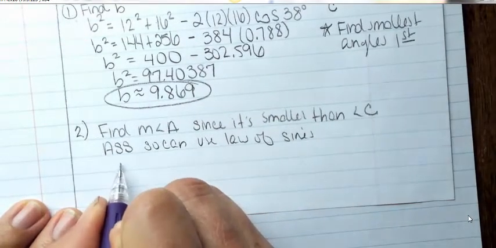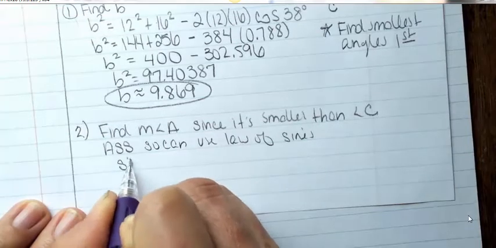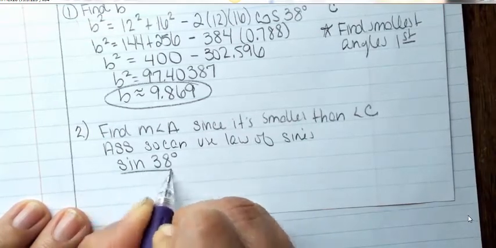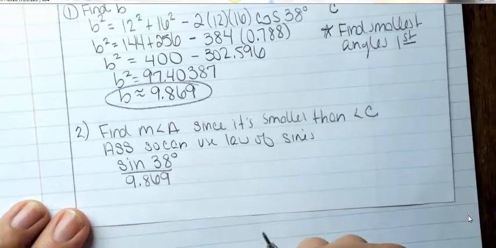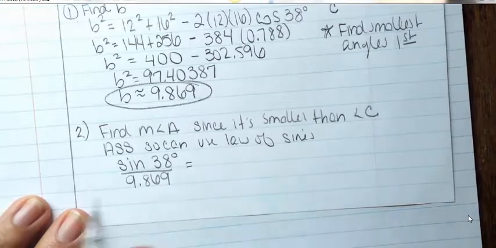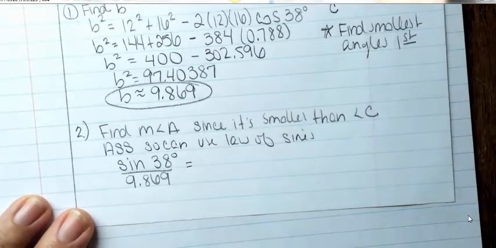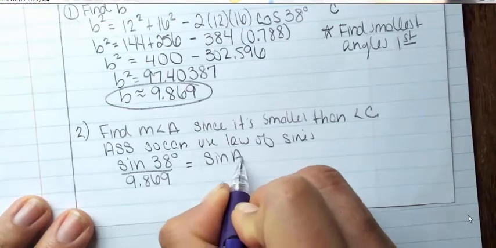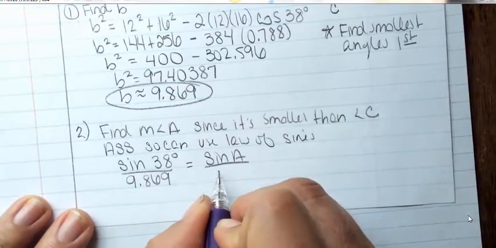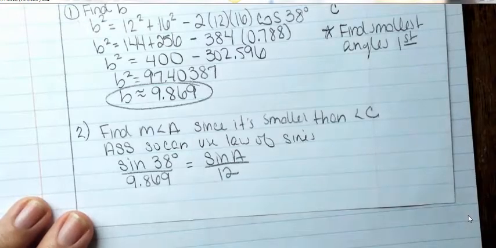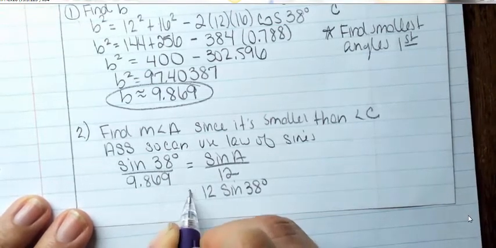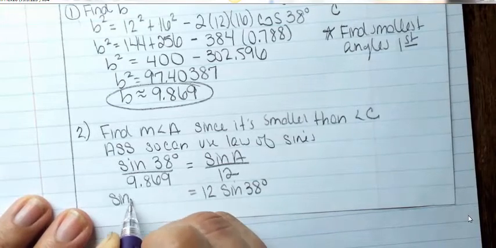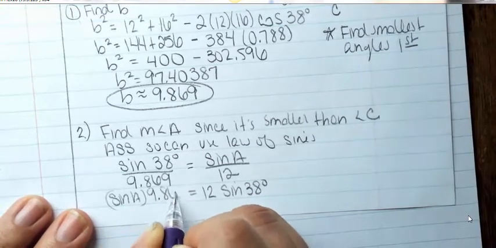Okay, so that is sine of an angle over the side opposite it. So sine of 38 degrees, which is angle B, over the side opposite, which I now have, which is 9.869. And yeah, I'm approximating. Equals, and then I want angle A, so sine of angle A over side A, which is 12. Okay, cross multiplying then, I get 12 times sine of 38 degrees equals sine of A times 9.869.